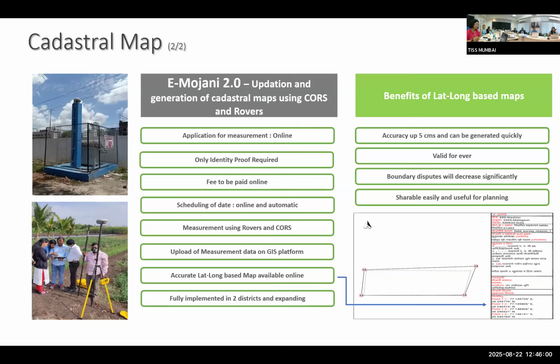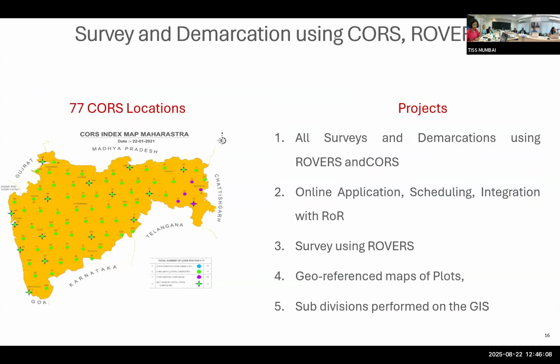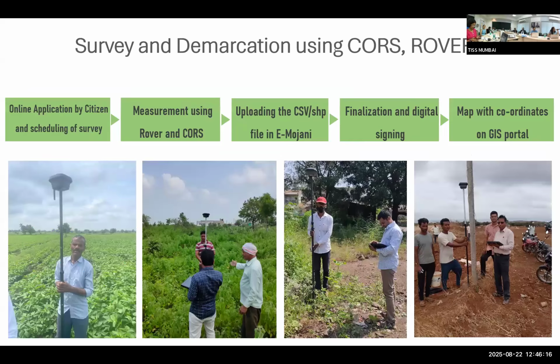We call it end-to-end digitization of e-Mojni, and fortunately, we were able to roll it out across the whole state after sir left. For this, we are using these 77 CORS stations, and we have proposed more to get better accuracy and good speed. There are certain limitations, which he might have spoken about, especially in urban areas. We have limitations.